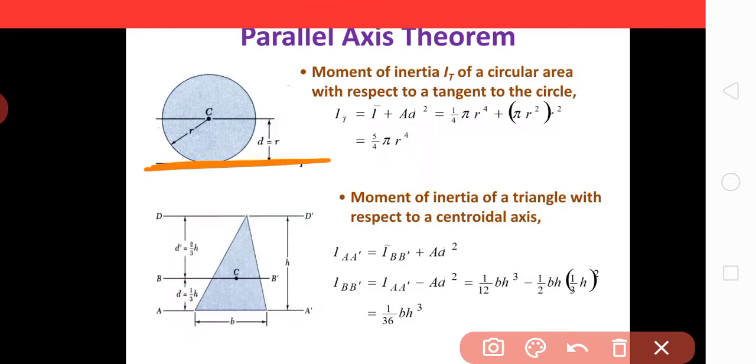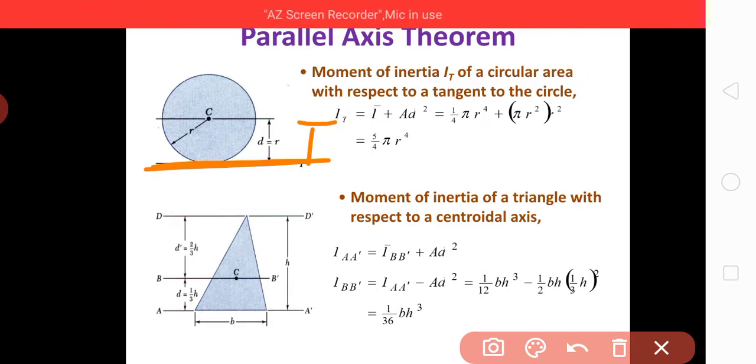It equal to I bar plus A d square. d is the distance between the centroidal axis and the tangent axis, which is equal to half the diameter, that is r, the radius.